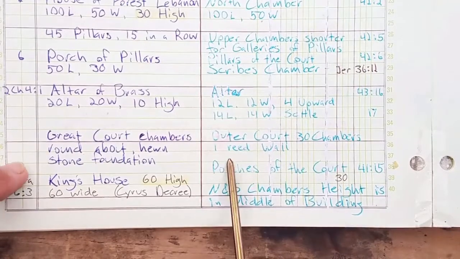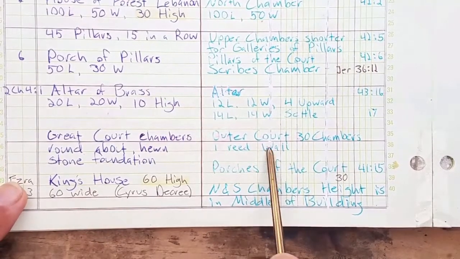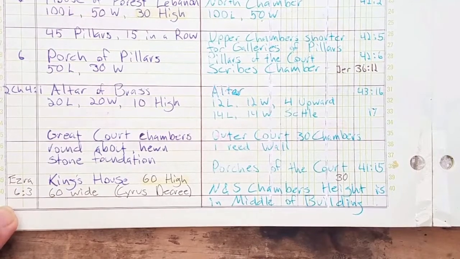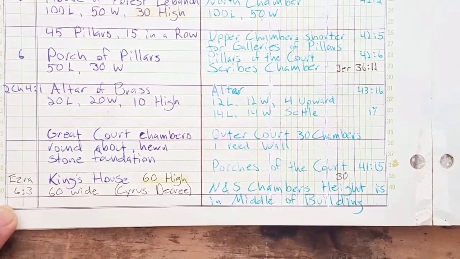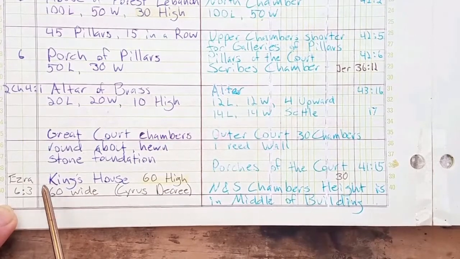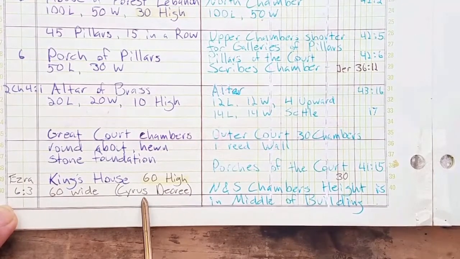It's called the outer court and has 30 chambers. So again, the Ezekiel temple very much matches up with what we see in the first temple. Very, very similar. There are just a few points of interest where we don't have information in Ezekiel and we have to go back. In Ezra, it says the Cyrus decree.